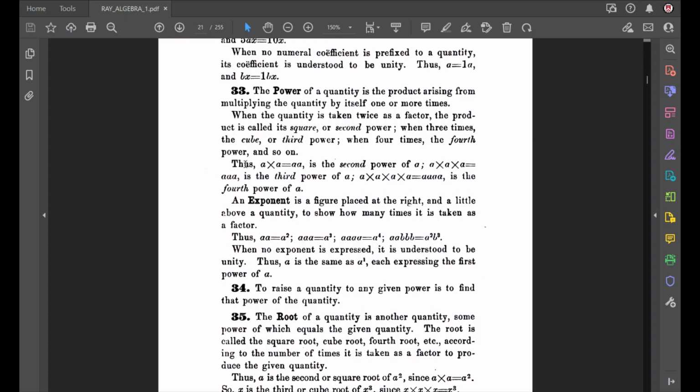You understand that idea? This is just vocabulary. So when I say, do you understand that, I'm just saying, do you understand the meaning of the word? There's nothing to understand. We're just learning vocabulary. If we multiply a quantity by itself, that's called the square of that quantity. Got that?